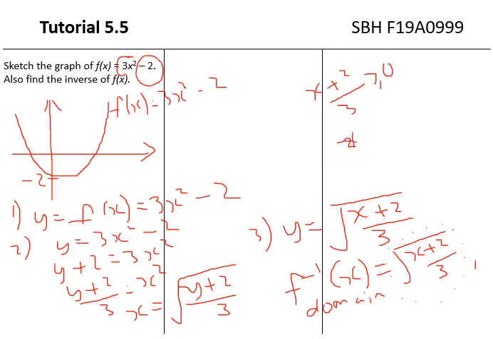So x plus 2 is greater than or equal to 3, so x is greater than or equal to 3 minus 2, which is 1. So the domain is x must always be greater than or equal to 1, so that this inverse function is valid.